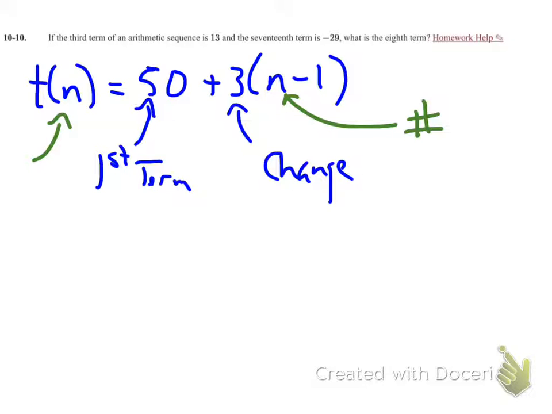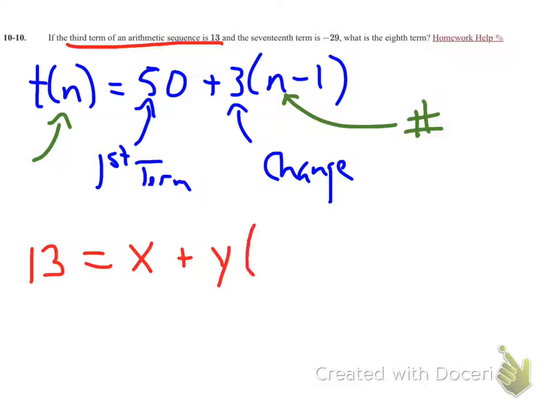So if I take a look at this first piece of information and just use that equation, the third term is 13. So that means 13 equals, not sure what the first term is, I'm just going to put a variable in there. I also don't know how much it's changing by, so I'll just use another variable.